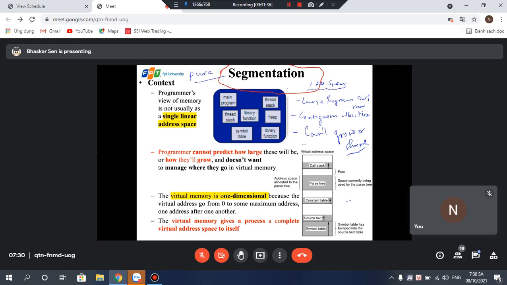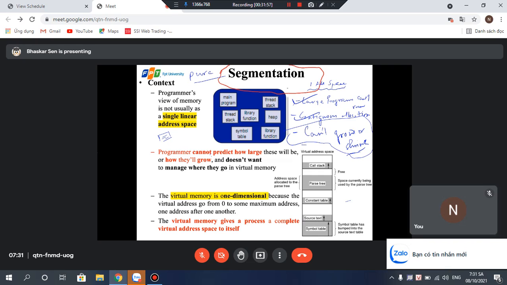It actually solved only the first problem and perhaps the second problem. But the third problem is still unaddressed because all the pages are of the same size. So that was still a difficult proposition.